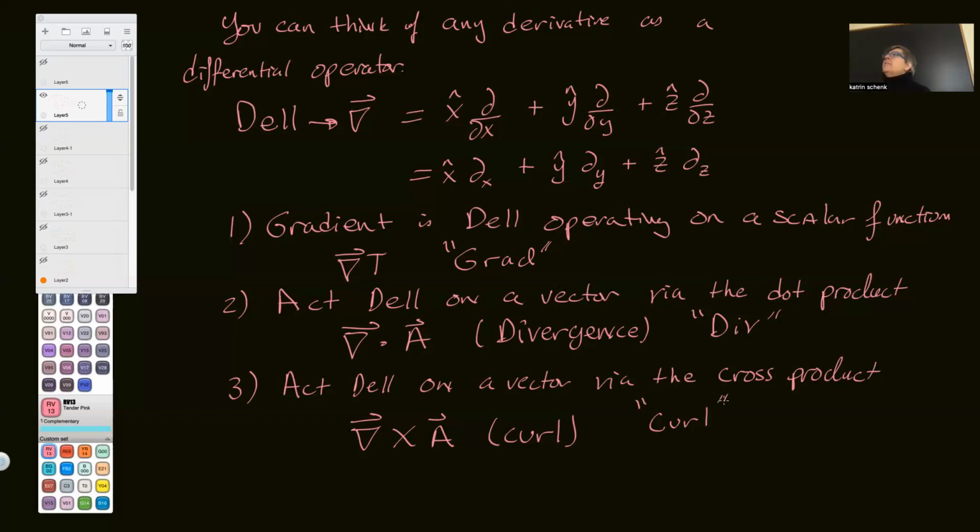The reason we use these shortened terms is that there are rules we're going to learn about, like curl grad equals 0. That means if you take the curl of the gradient, because the gradient of something is a vector, you will get 0 no matter what you're taking the gradient of.